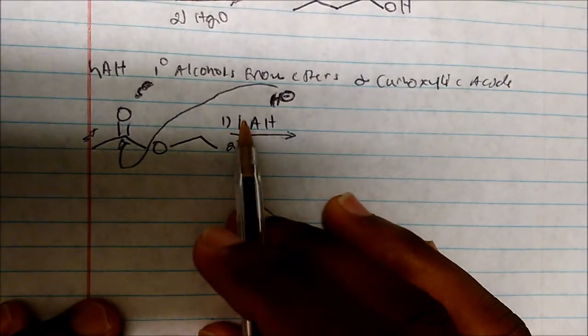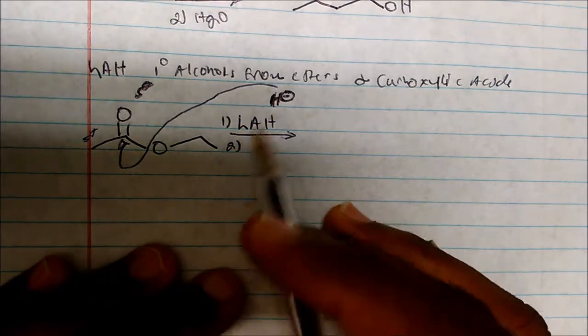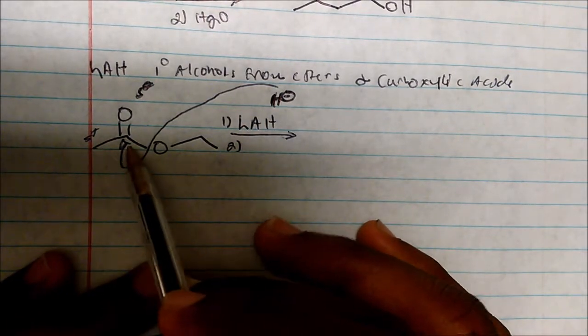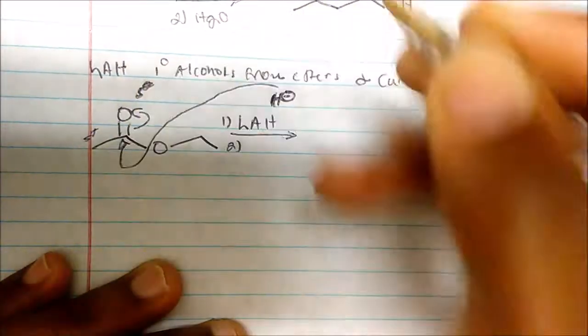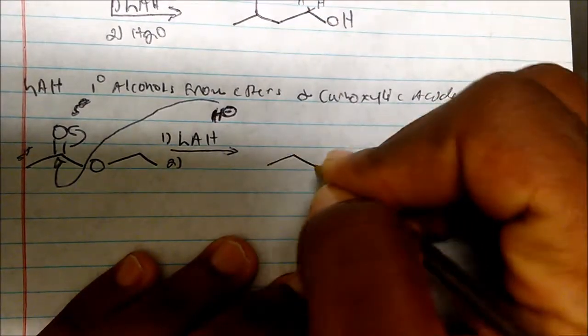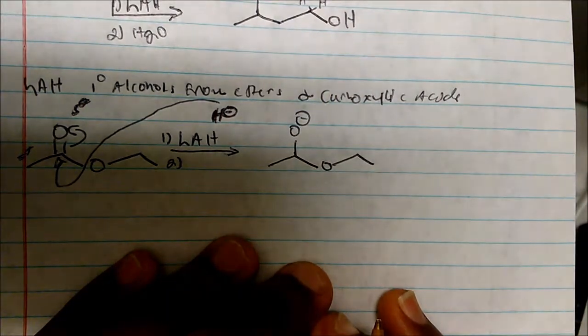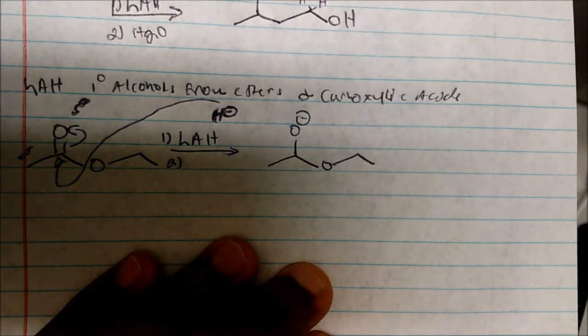So it's slightly electrophilic. All right, I'm sorry for my sickness here. So in the first step, it attacks the slightly electrophilic carbon, and this bond has to kick off onto the oxygen, and we get something that looks like this. We've got an oxygen with a negative charge.